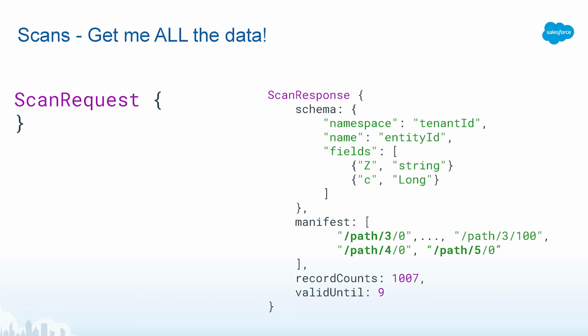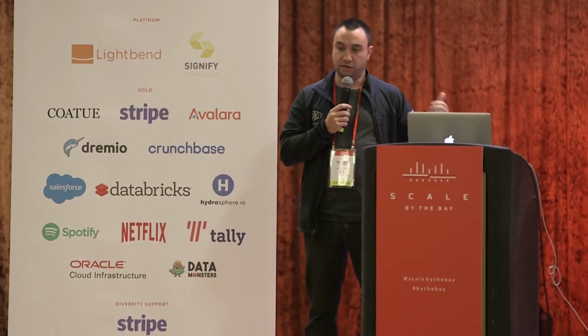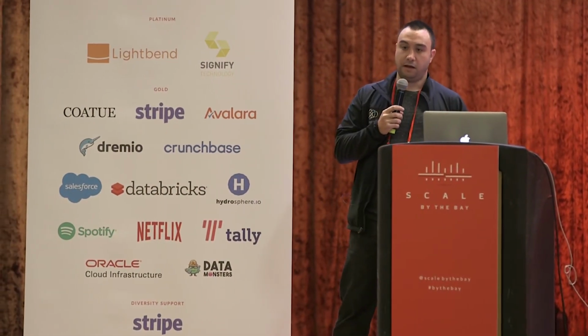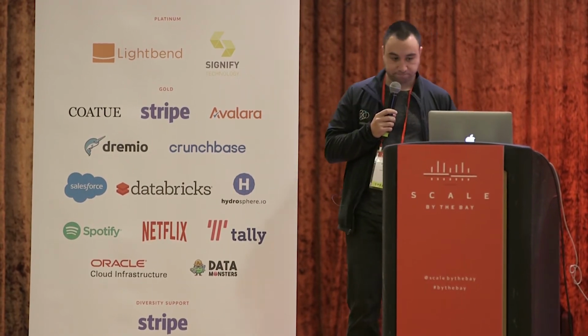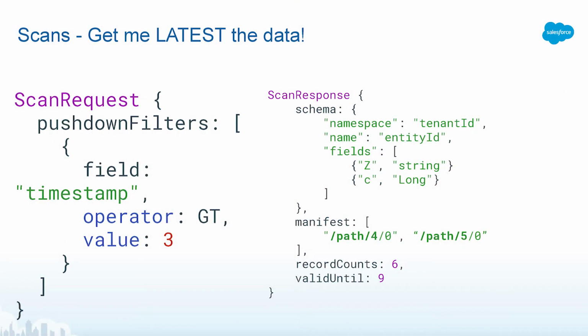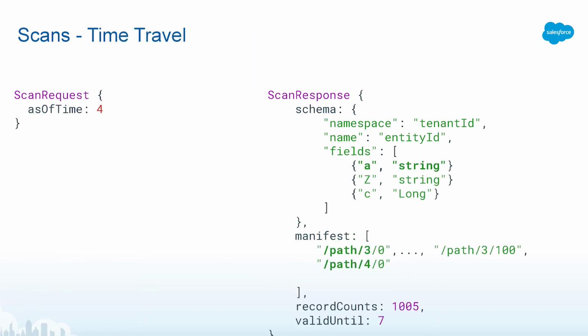And so you will see fields Z and C, and you will see a bunch of paths that properly align with regard to schema drift. If you want the latest data, you just add a pushdown filter. For example, timestamp greater than 3, you will see almost the same scan response, except the manifest will be much smaller. And so your system will consume less data, just the data it needs.